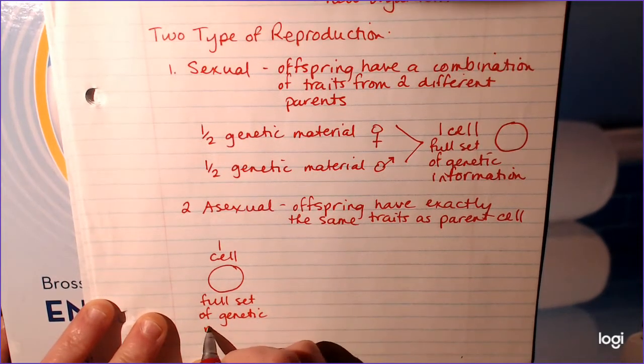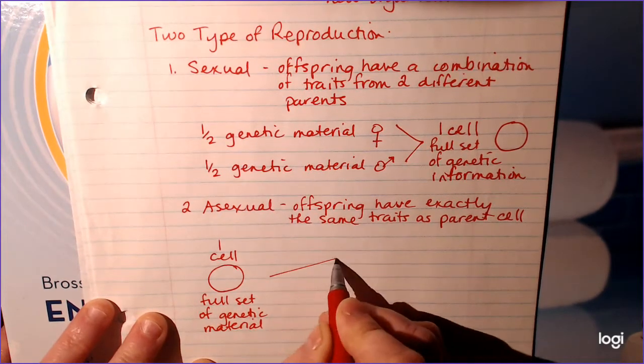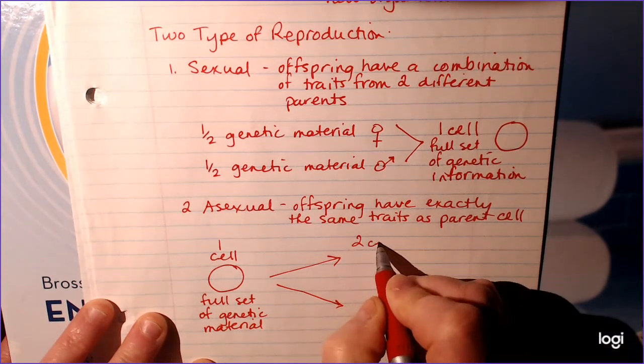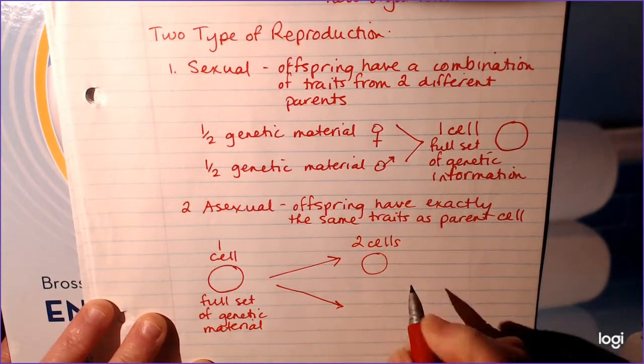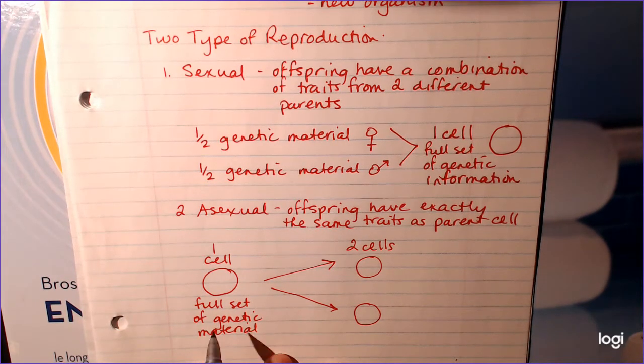So a full set of genetic material or information. Right? And it splits into two cells, right? And each of those cells has a full set of genetic information that is exactly the same as that parent cell.